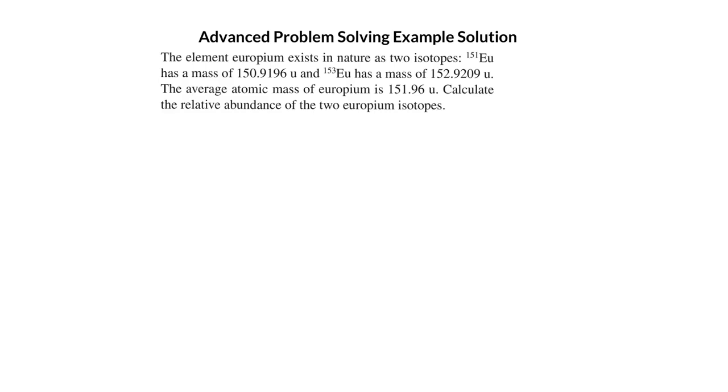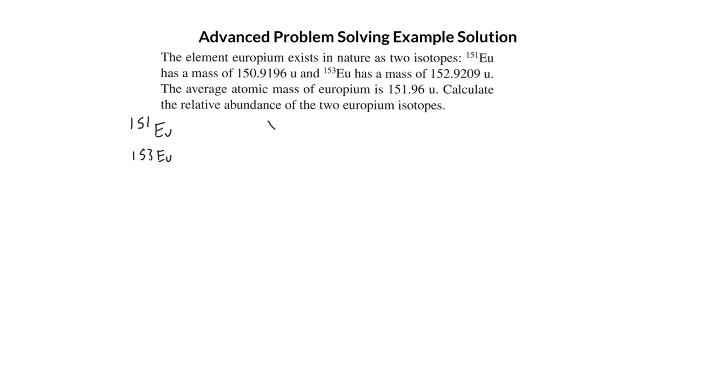So, like we said, we'll set it up like any old average atomic mass problem. We have europium-151 and europium-153. I usually do the percent abundances next, so I'll skip those.